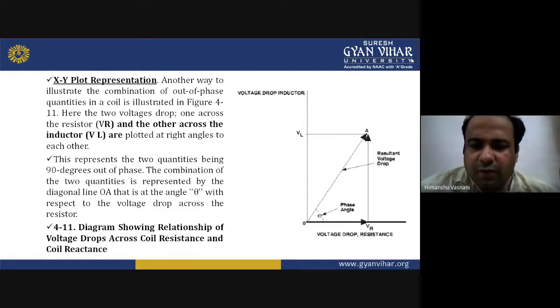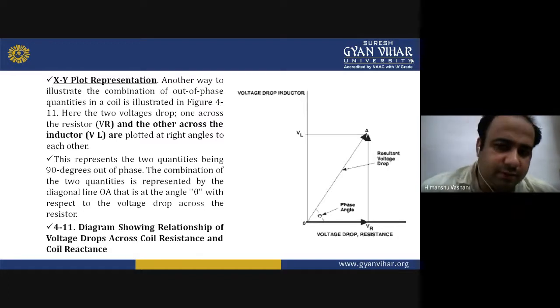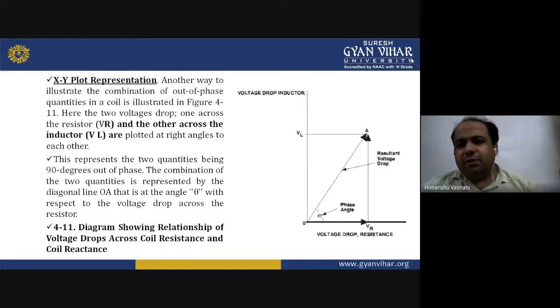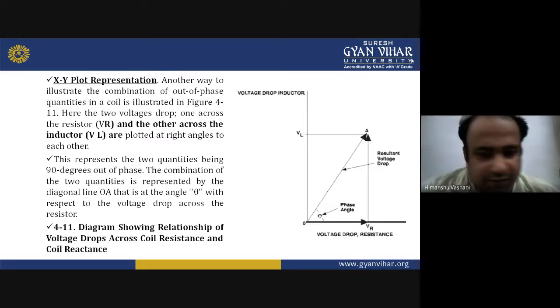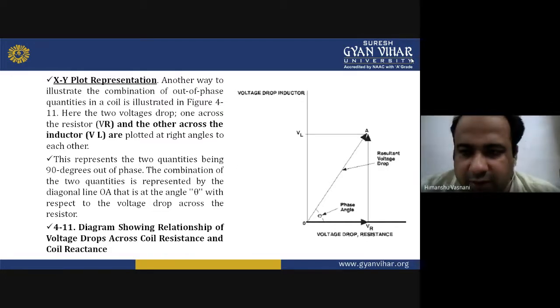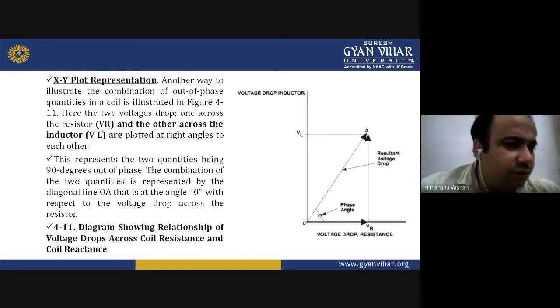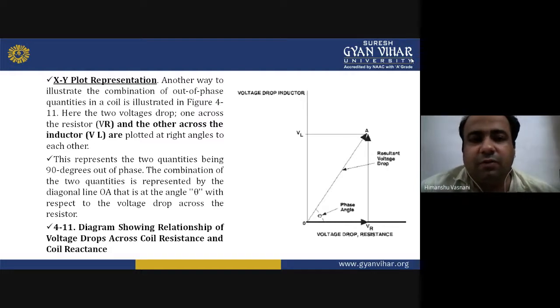On the horizontal axis you have the voltage drop across the resistance, and on the vertical axis the voltage drop across the inductor. At the bottom you have the values of VR and VL shown on the X and Y axes, and the phase angle phi is shown. In the center the resultant voltage drop is shown with arrows at point A.